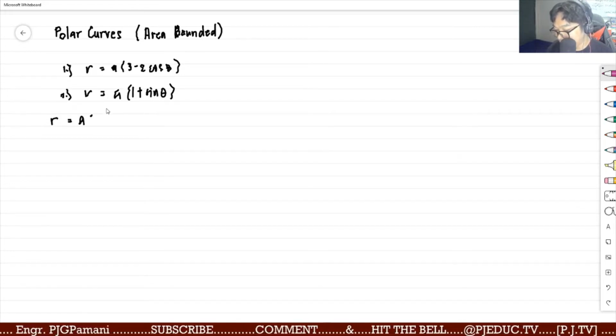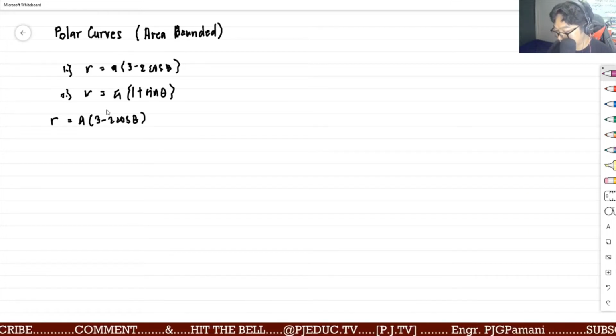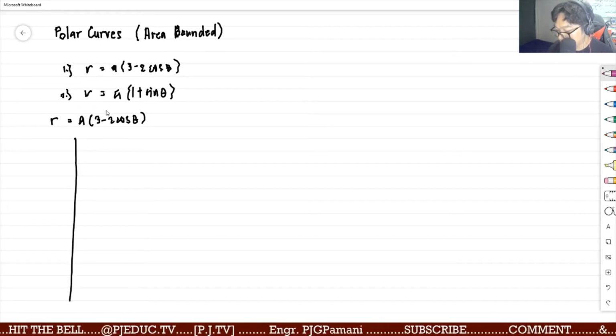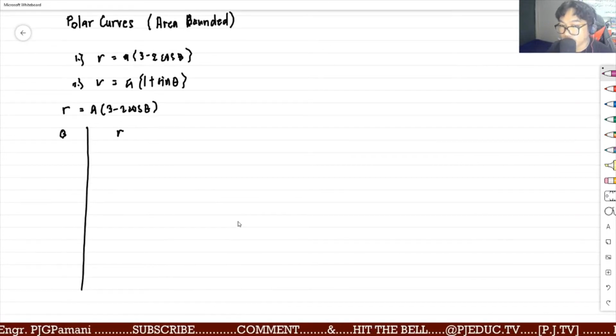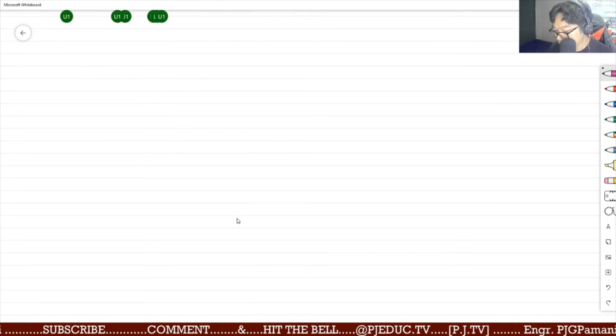R equal to a times (3 minus 2 cosine theta). Okay? Draw a table having theta and the radius of that polar curve. Theta to r.